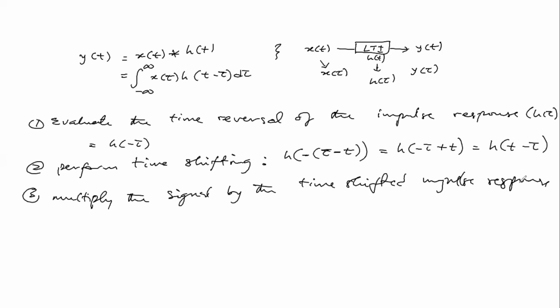So we are going to get x of tau times h of t minus tau. This is going to produce a single output.